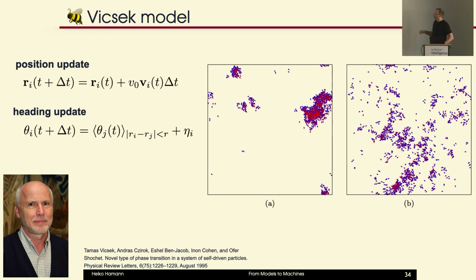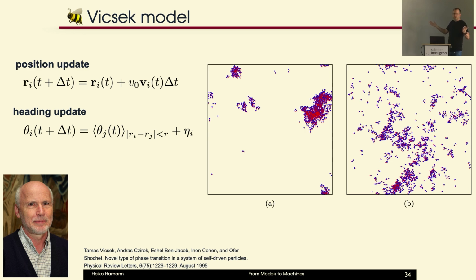But it's basically averaging headings within a certain neighborhood so that everybody over time hopefully agrees on traveling in a certain direction. And then you will see these typical behaviors, and Tamás is famous for having found this phase transition depending on density and certain parameters and so on. So there's all this stuff out there.